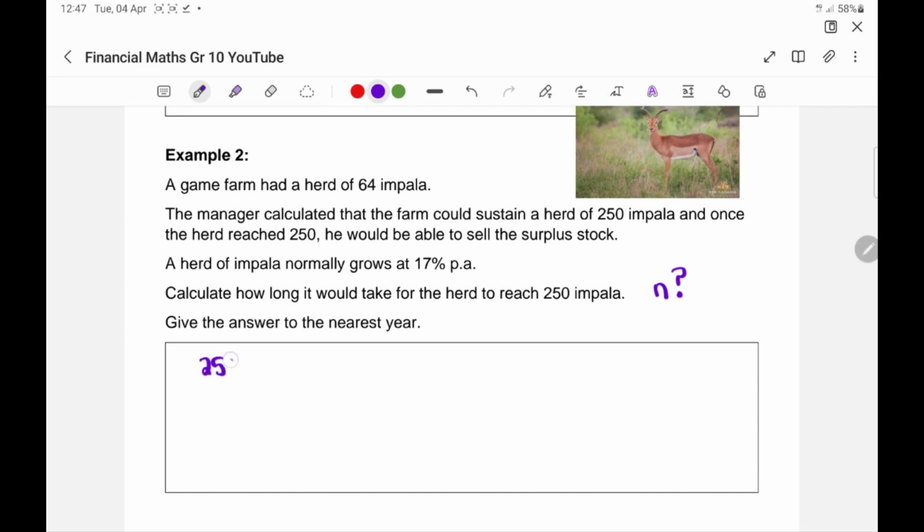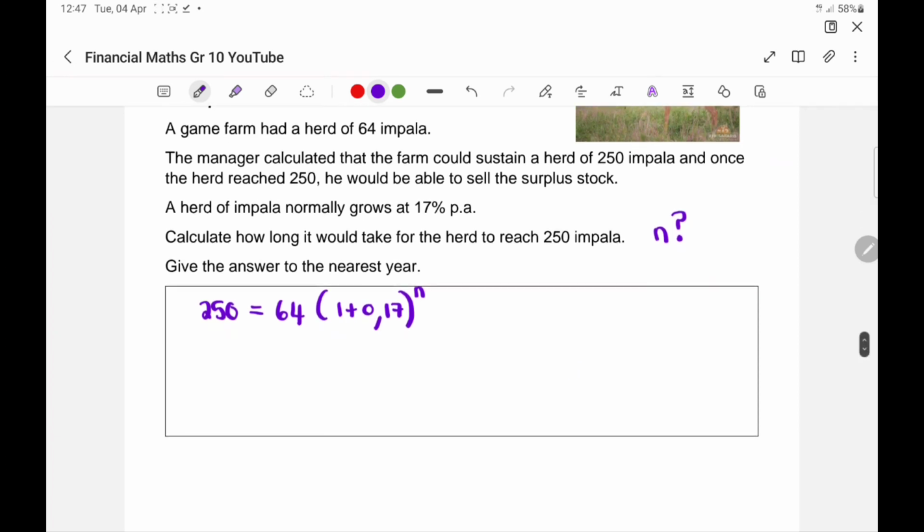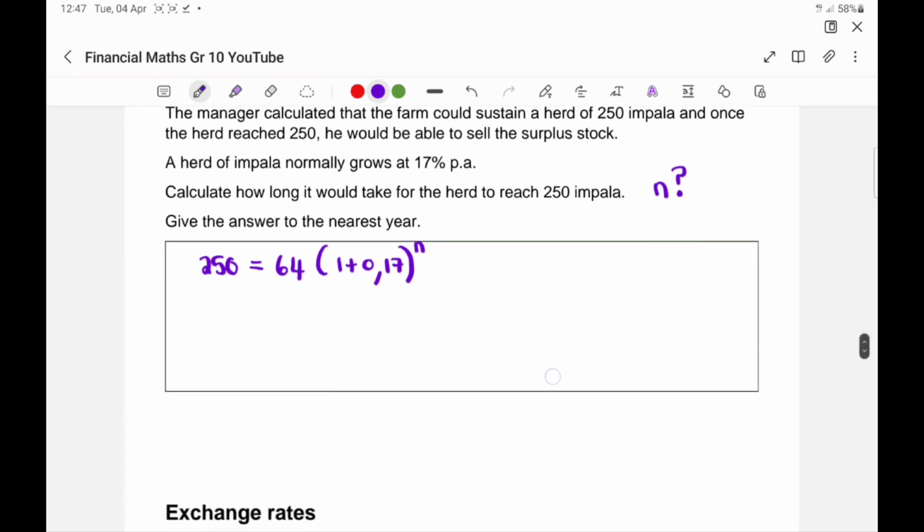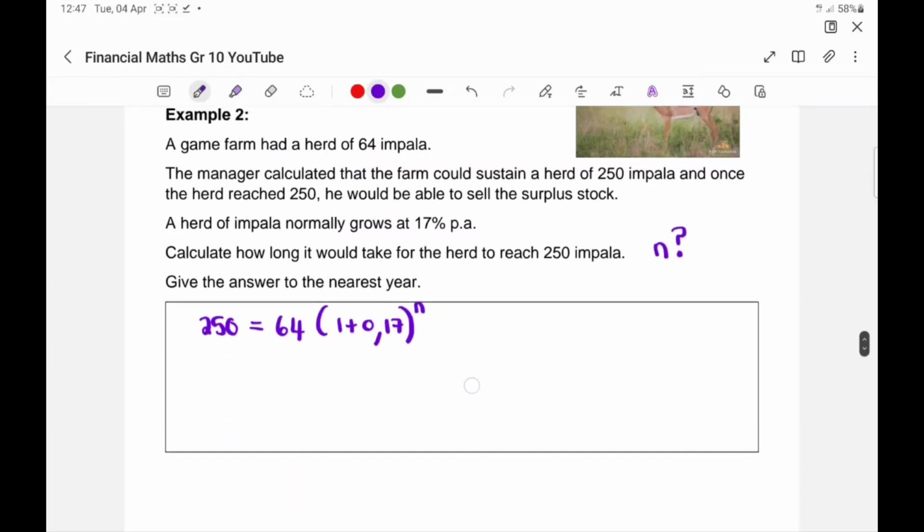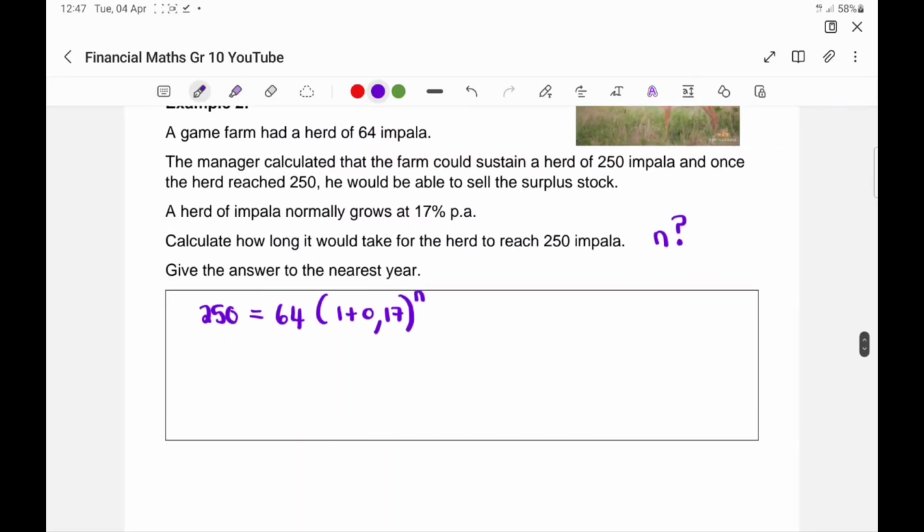So the future amount is 250, what we are wanting. We've got presently 64 at 0.17, all raised to the power n. Normally you would need some information that we only deal with in grade 12, but you can guess how long it will take.